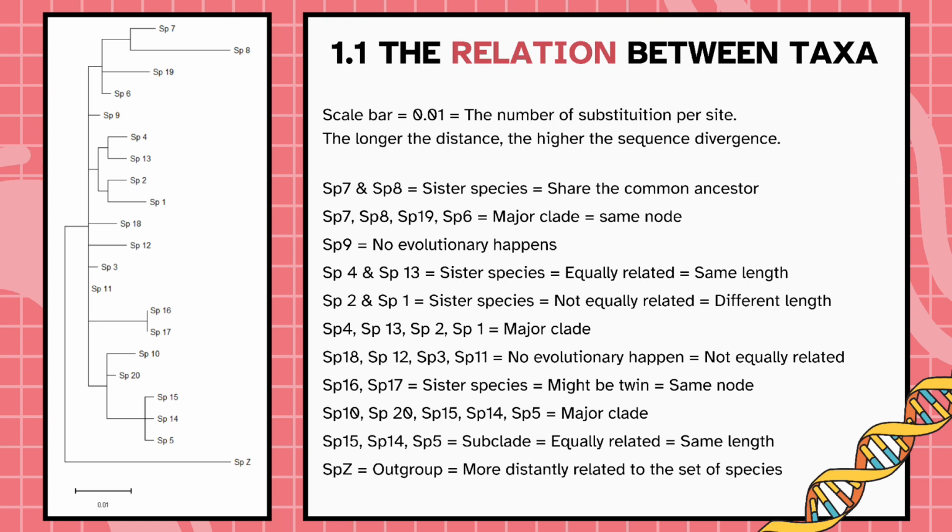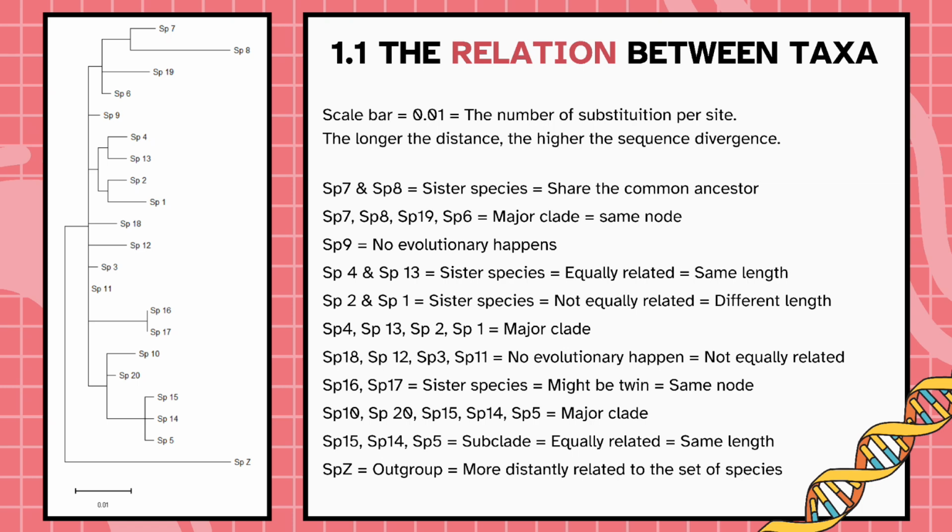Species 9 shows no evolutionary happens. Species 4 and species 13 are also sister species because they are equally related and they have the same length. Species 2 and species 1 are also sister species, but they are not equally related as they have different length.